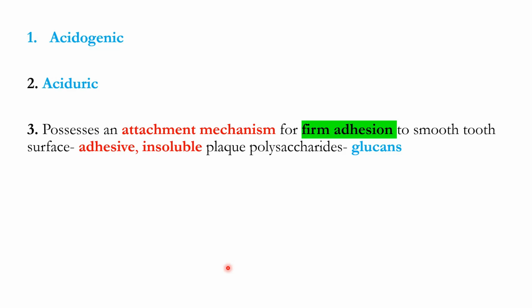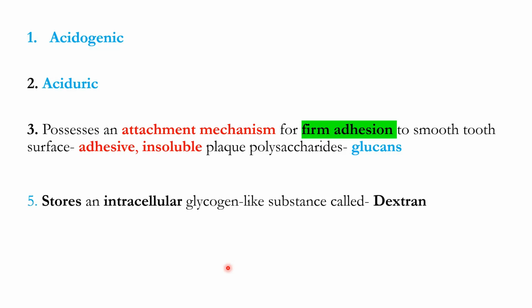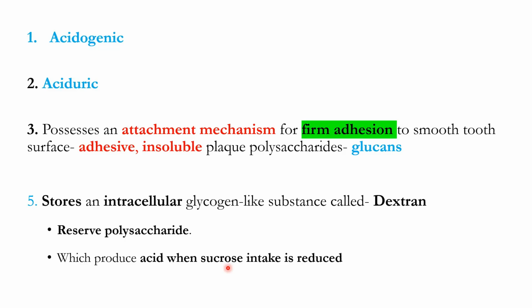Not only that, they must also store an intracellular glycogen-like substance called dextran, because whenever there is a low sucrose diet, the organism must still be able to produce acid by feeding upon dextran, which is nothing but a reserve polysaccharide.